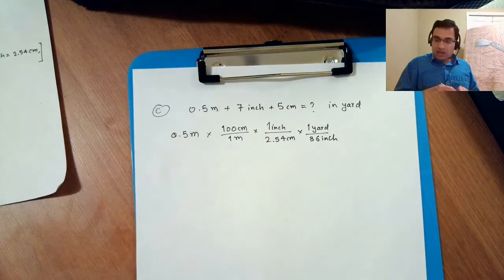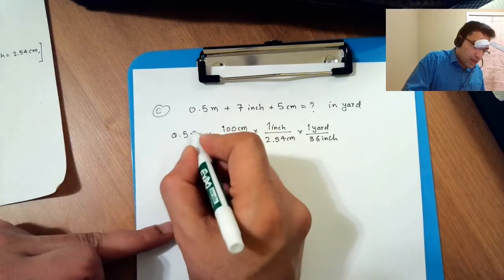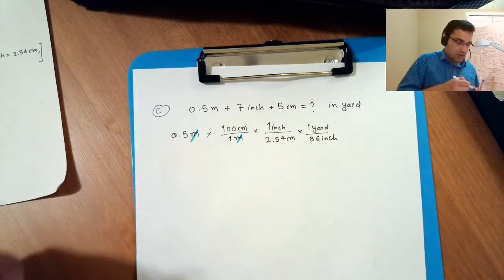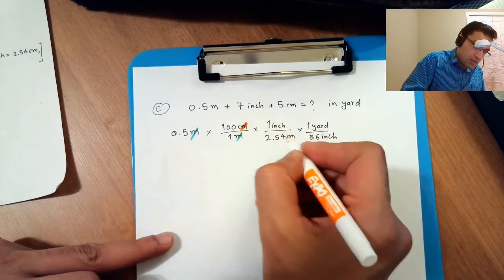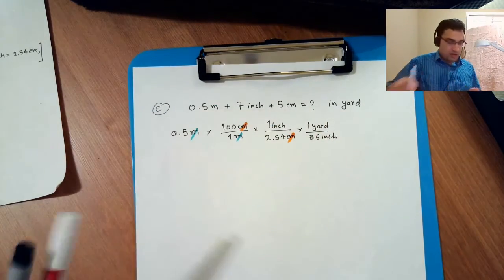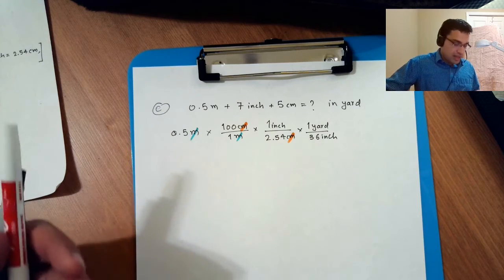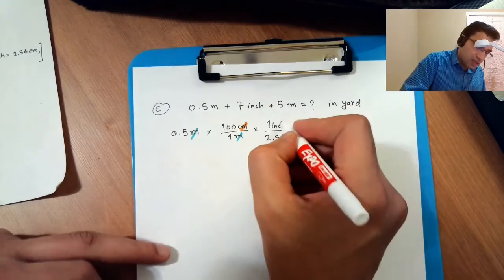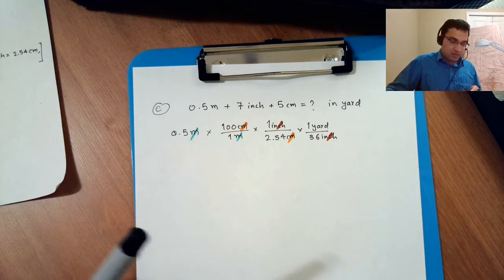So you see, I did exactly the same thing as problem C, where I got rid of this meter, then I got rid of this centimeter, and then lastly I got rid of this inch. What I'm left with is yard.